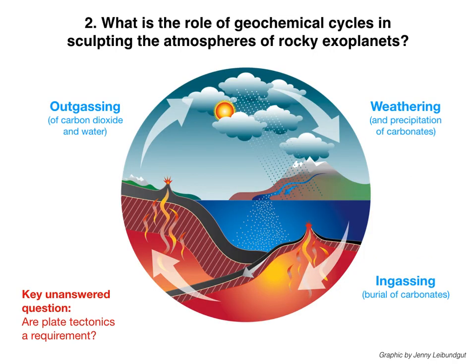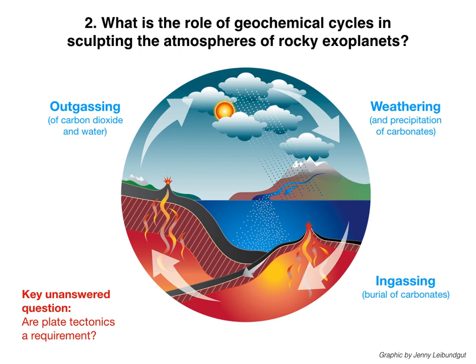The second question that I find interesting is, what is the role of geochemical cycles in sculpting the atmospheres of rocky exoplanets? On Earth, at least, the long-term carbon cycle is responsible for regulating the abundance of carbon dioxide. Volcanoes, both on land and in the ocean, outgas carbon dioxide and water.